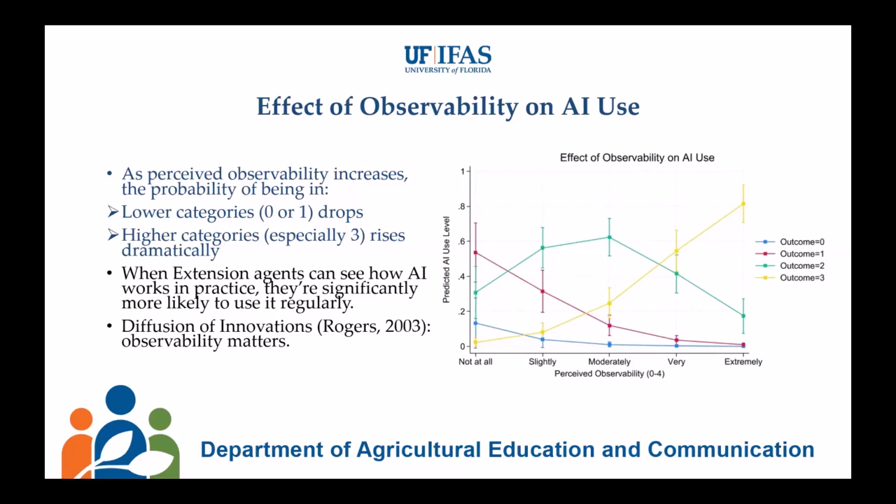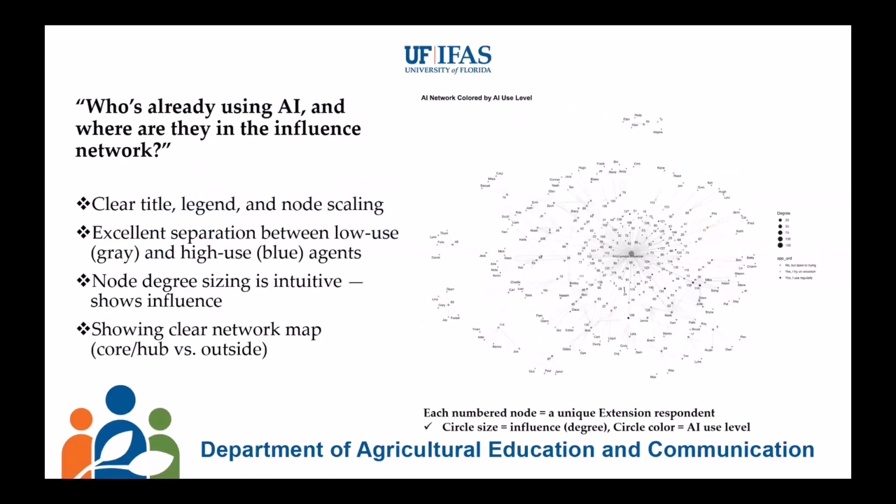You see the yellow line, from not at all to extremely, goes up fast, the predicted AI use level. Once you see others use AI and see the potential, I'll definitely adopt AI, very likely.